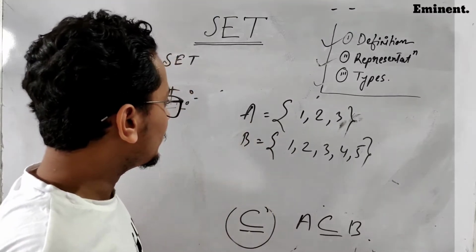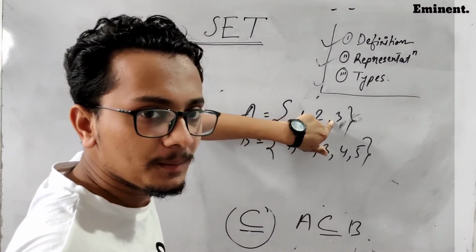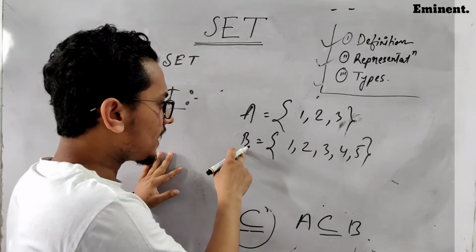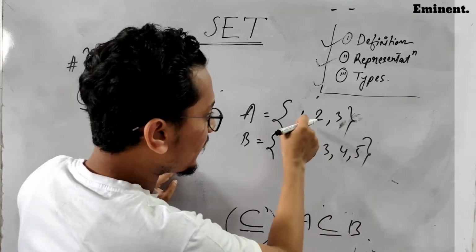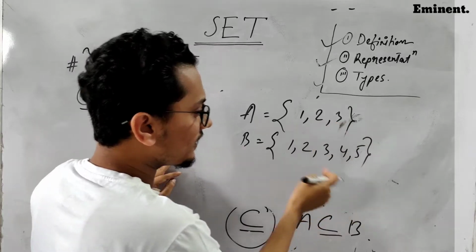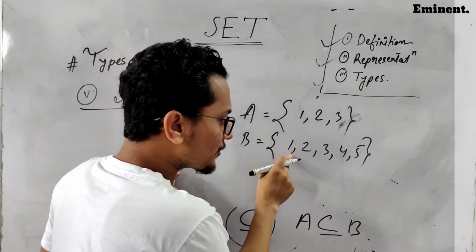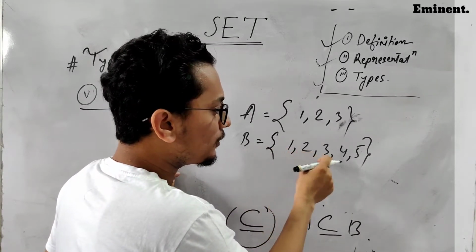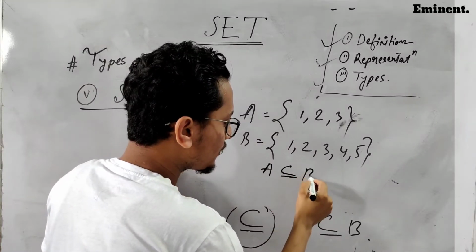The elements in A are 1, 2, 3. And what are the elements in B? 1, 2, 3, 4, 5. All the elements of A, that are 1, 2, 3, are also there in set B. Then in this case, A will be a subset of B.